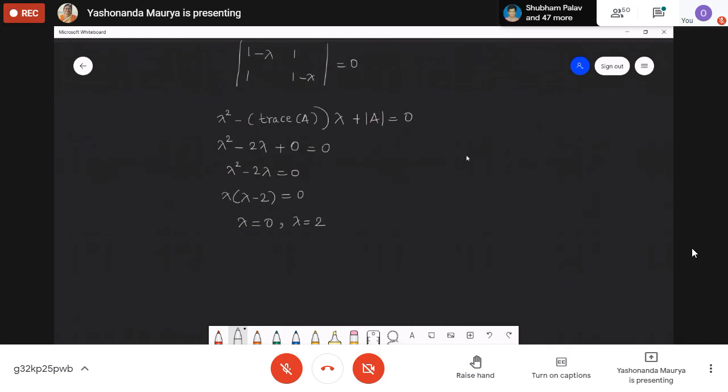Okay, so how do we find eigenvectors? These are the eigenvalues we got: lambda equal to 0 and lambda equal to 2. Now we'll try to find the eigenvectors.